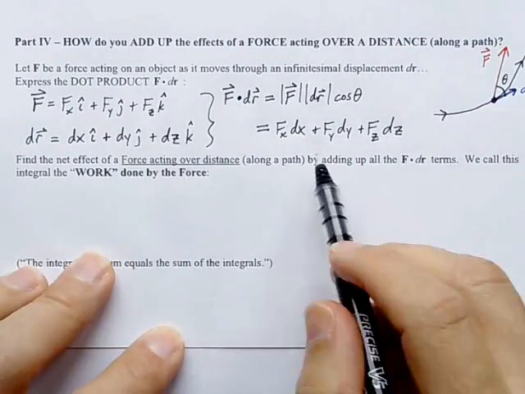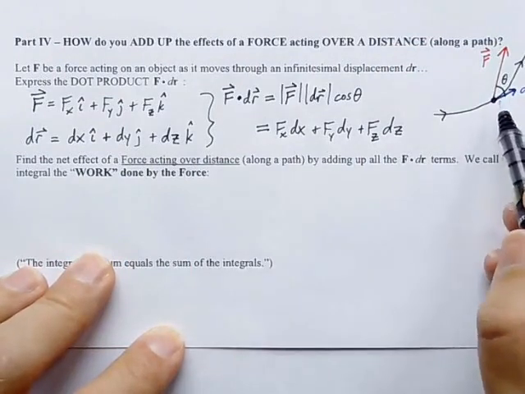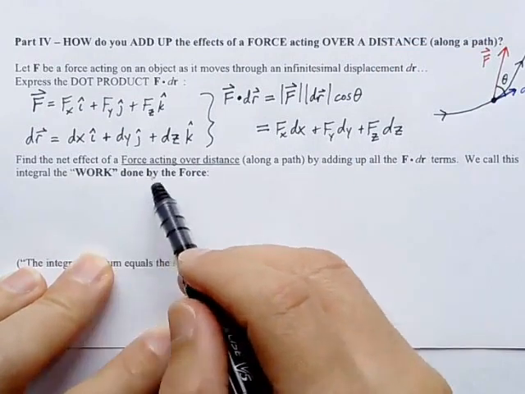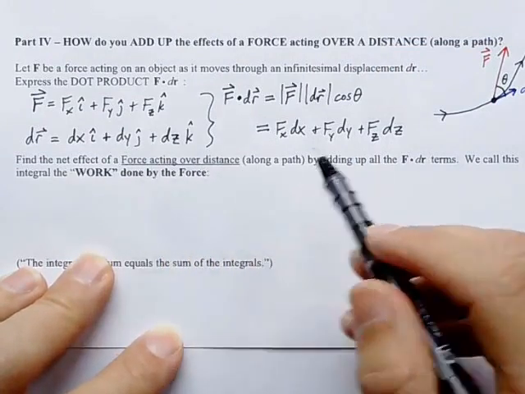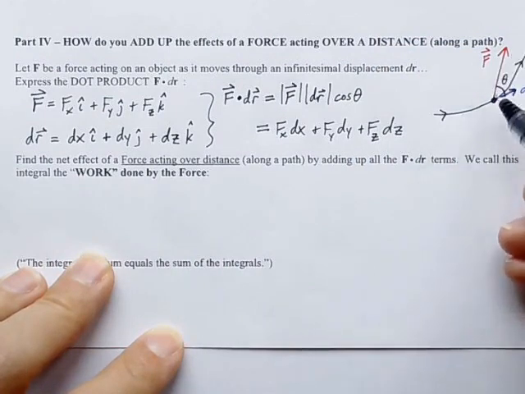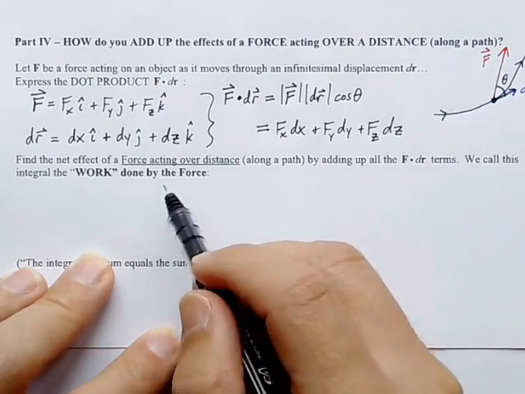Okay, so that's the dot product at this one instant, and we want to find the net effect, the cumulative effect of a force acting over a distance as the object moves all the way along this path. Assuming that the force continues to act on the object all the way along the path. So the force could be varying along the course of the path. We want to find its cumulative effect.